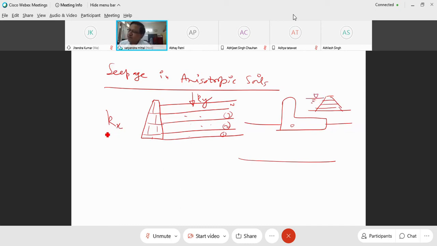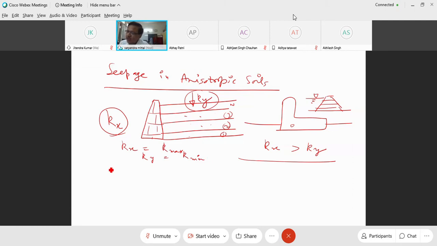So the permeability in X direction may be different from that in the vertical direction, right? Normally Kx is higher than Ky. In the horizontal direction it is a little higher than the permeability in the vertical direction. So we can say that Kx is equal to K max and Ky is equal to K minimum.